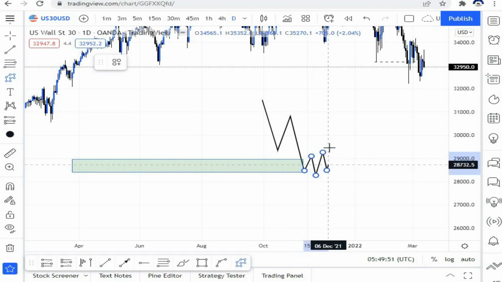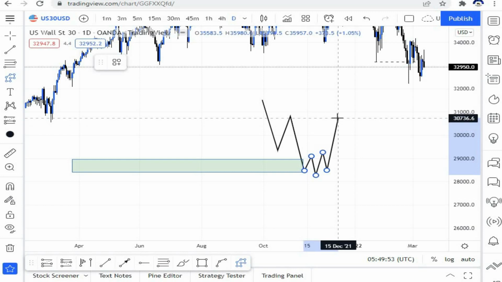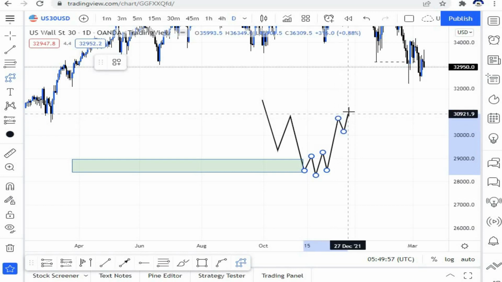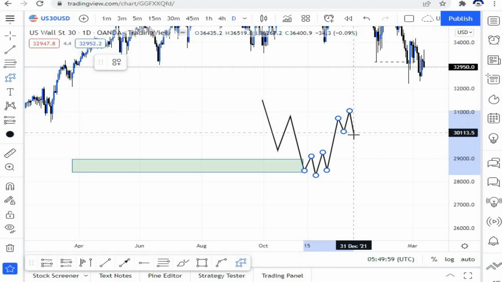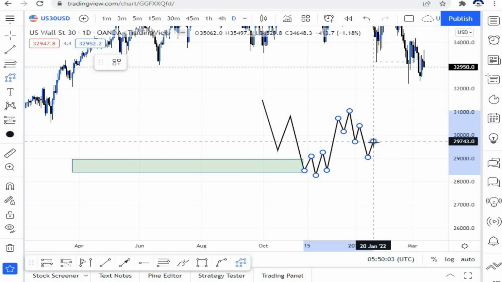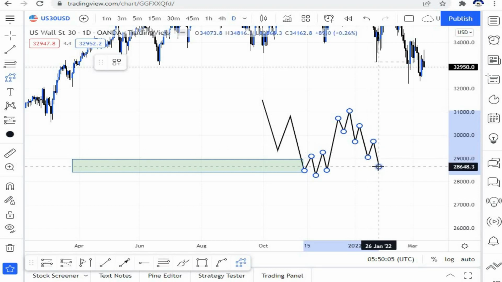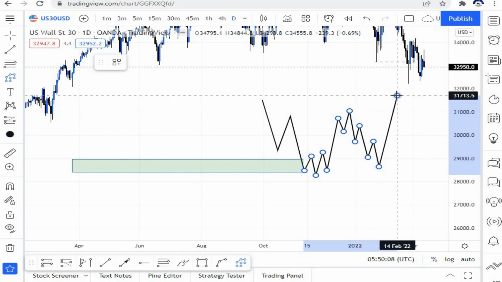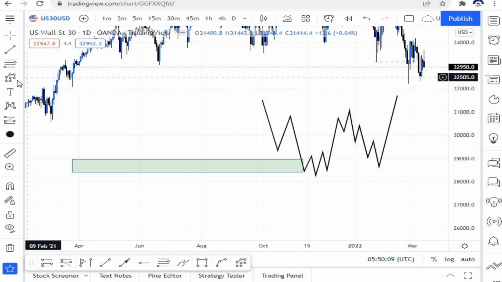Then the price will come up to the supply. But if they don't respect the supply and break it, now you understand that the price will come back with compression to this OB right there, then continue going up as a continuous trend.